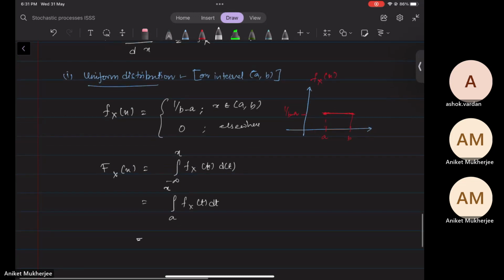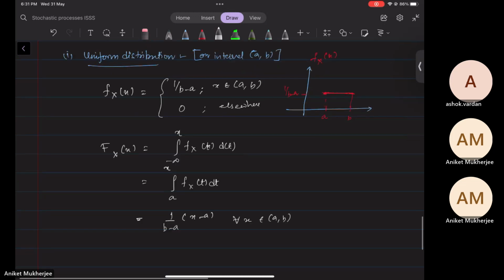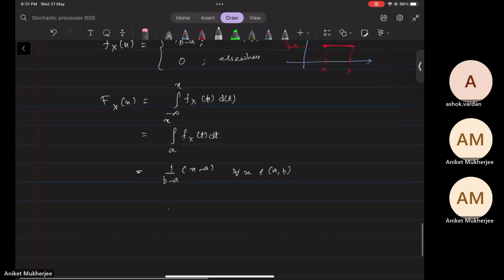In between a and x, this value is 1 by b minus a. So it is 1 by b minus a into x minus a for x between a and b, it is 0 if x is less than a, and it is 1 if x is greater than b.